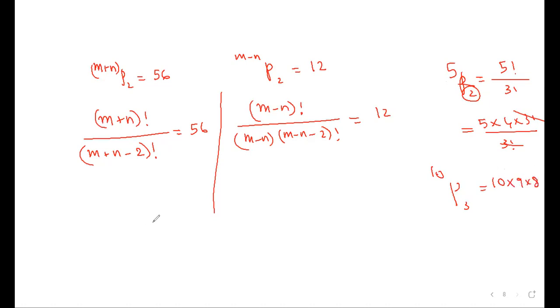This is the meaning of it. The 3 means how many numbers I should write. Suppose I write 15P4. Write 4 numbers starting from 15: 15 into 14 into 13 into 12. So if I write (m plus n) P2, write two numbers starting from m plus n.